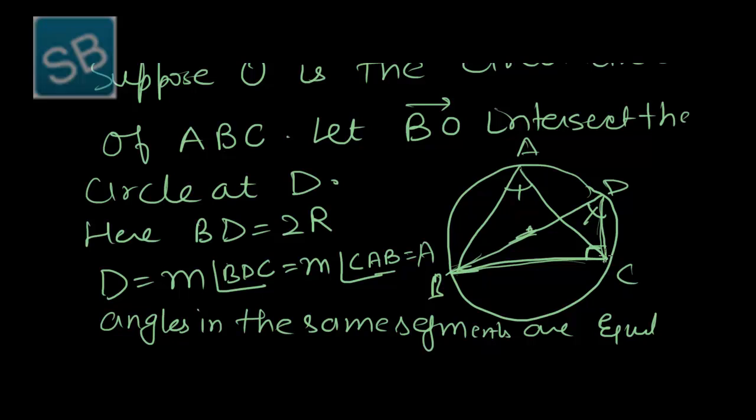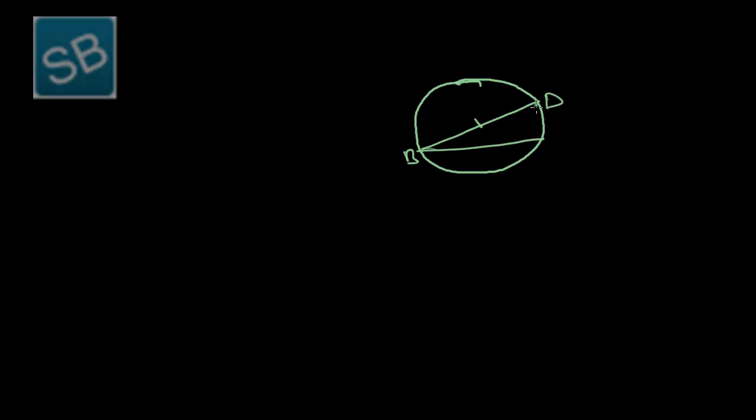So it is 90, then sine D is BC over BD, that is perpendicular over hypotenuse. We take this part and we will understand. If this is our circle, this is B, this is D and this is C.